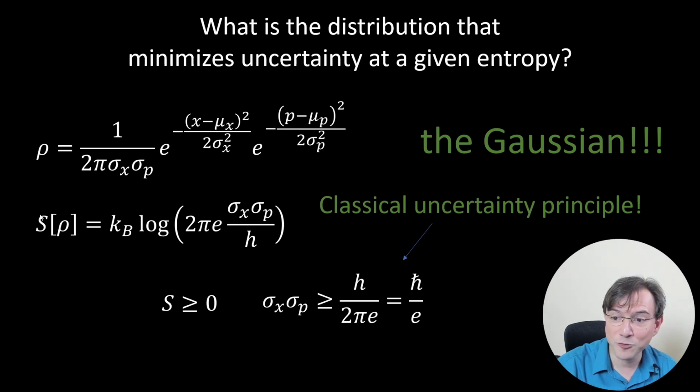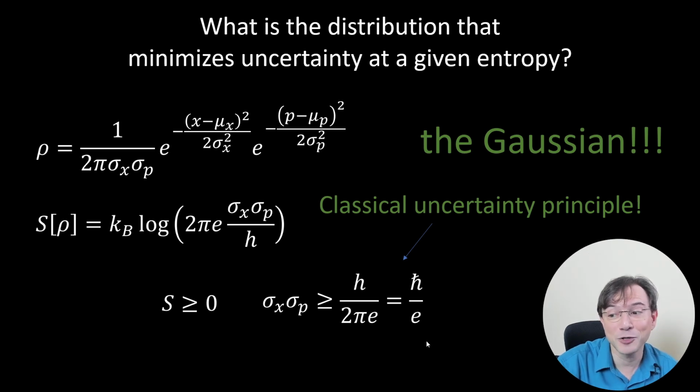If the entropy is equal to 0, then the logarithm has to be the logarithm of 1. So this quantity has to be greater than 1. And therefore, σ_x σ_p is going to have to be greater or equal to h over 2πe. And h over 2π is h bar. So this has to be greater or equal to h bar over e.